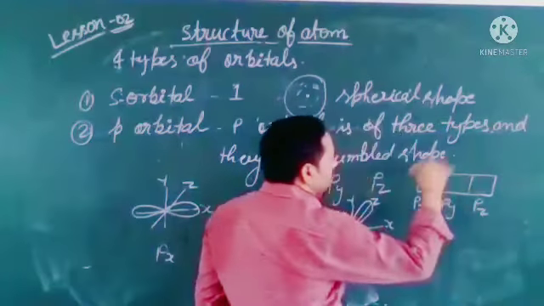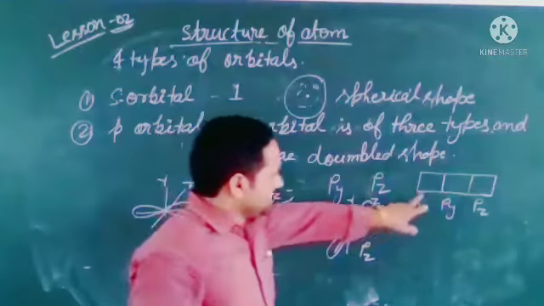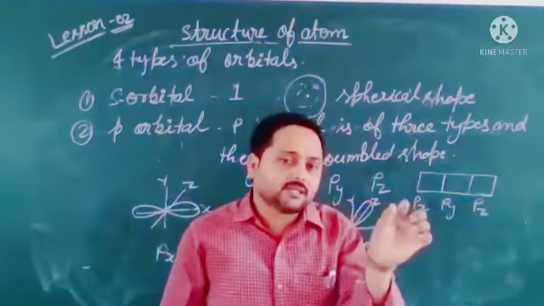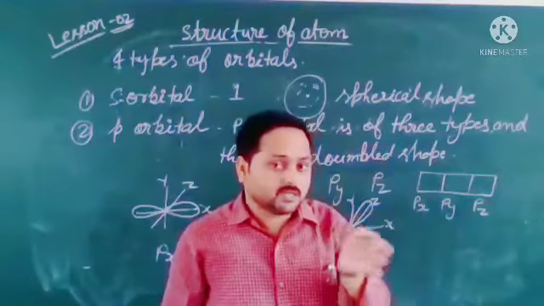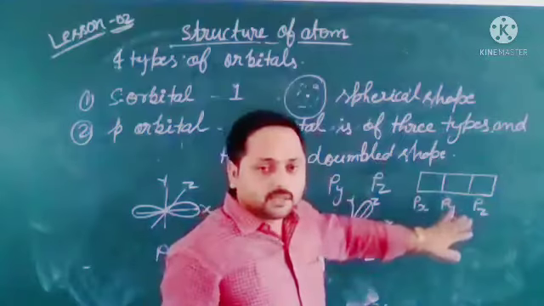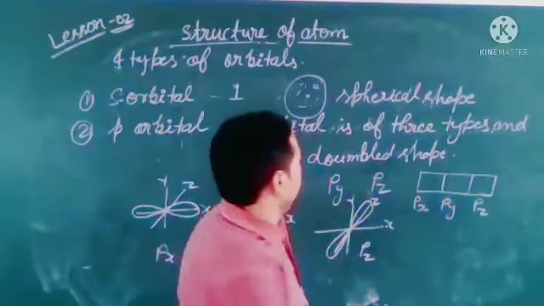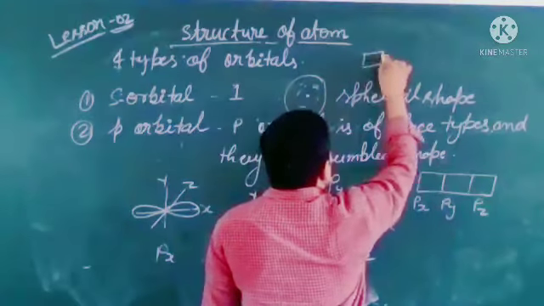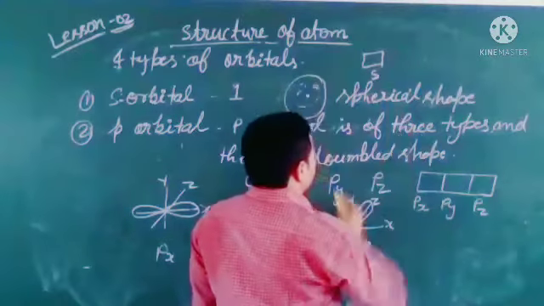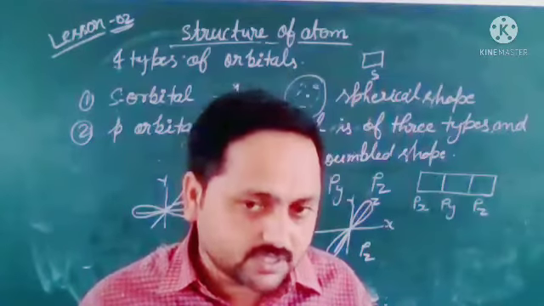How to fill electrons we will discuss later, but orbitals can be represented like this. So we have discussed the s orbital and p orbital.